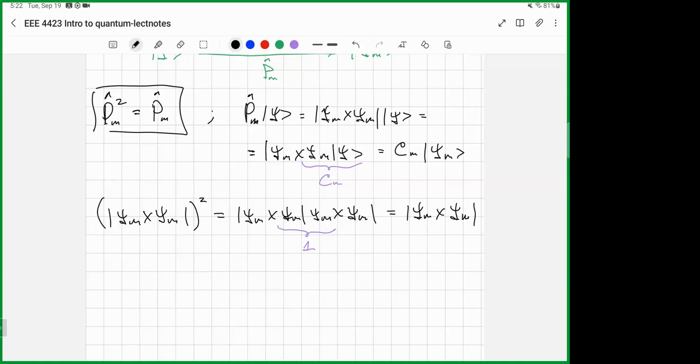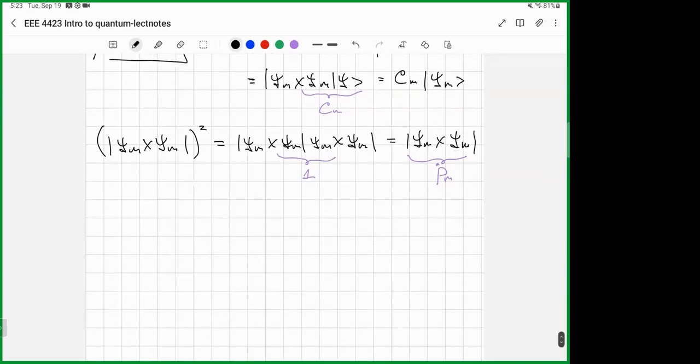This is equal to the projective operator Pm. And likewise, if I take 3 times, 4 times this projective operator, the result is just the projective operator itself.